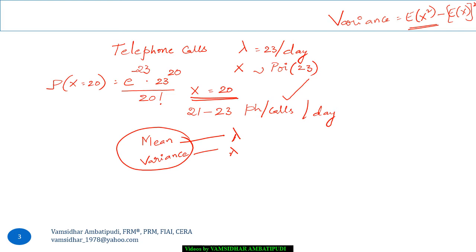So we have seen this through the example, and you can also try it through a derivation.